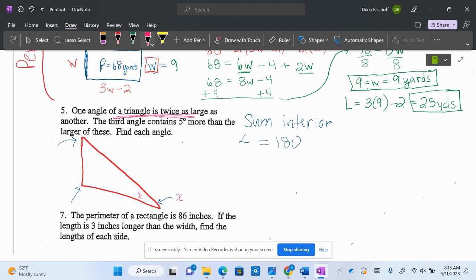What's twice X? 2X. Twice means times 2. So this angle right here is 2X. It says the third angle is 5 more than the larger. So which one of these is larger? 2X. How do I show 5 more than 2X? Yeah. So this angle right here up top is going to be 2X plus 5.